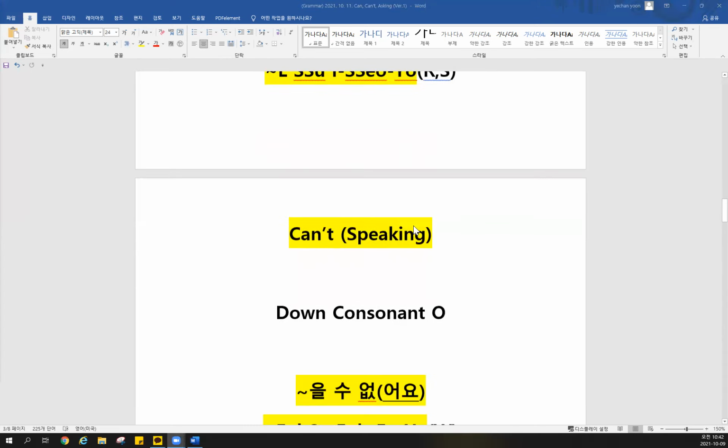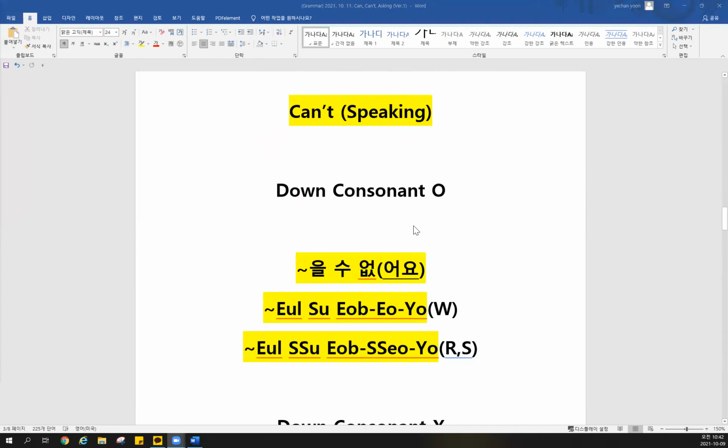All right. How about the cannot? If they have a down consonant, you can say blah blah 수 없어요. Slow down.